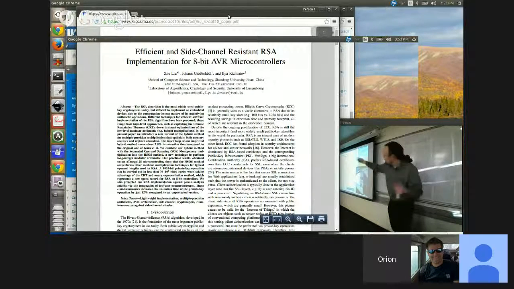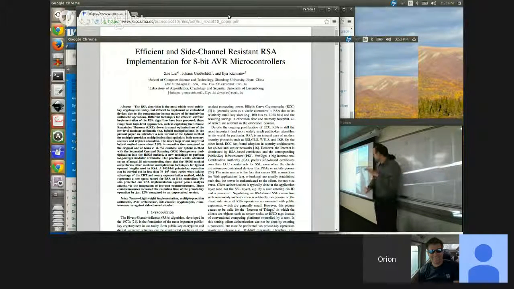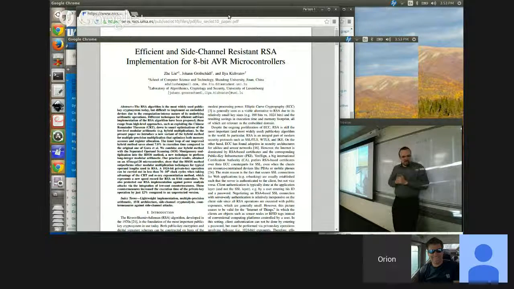And so people try to figure out how to build side channel resistant multipliers, etc. The trick is when you do a 1 and you do a 0, you have to do the same work. So when I see a 1, I'm going to be multiplying that data. When I see a 0, I'm going to be multiplying that data. And the trick is that it's got to take the same amount of time. And then I'm side channel resistant. Questions?